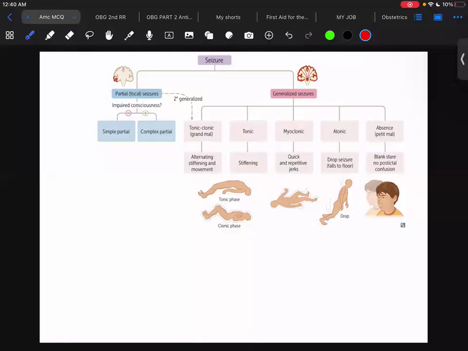Talking about seizures, very important for your exam. To be honest, in the last 5 to 6 months, they have not asked any question on seizures. One of the questions they usually ask is about a child who is near hypoglycemia, like less than 5.5 but more than 3.